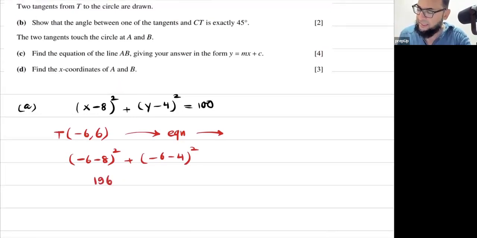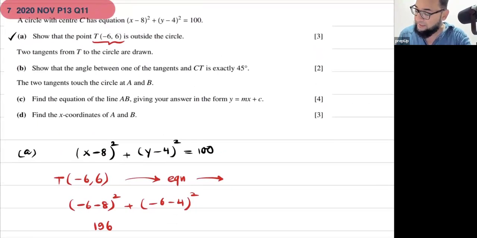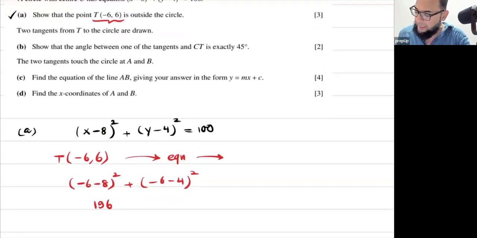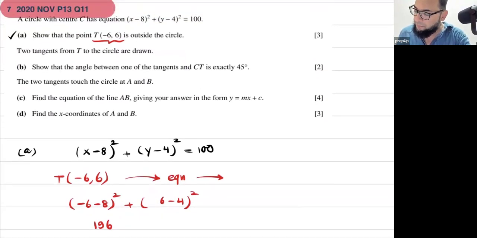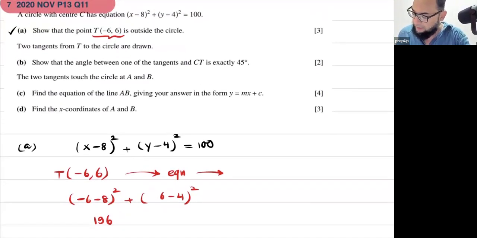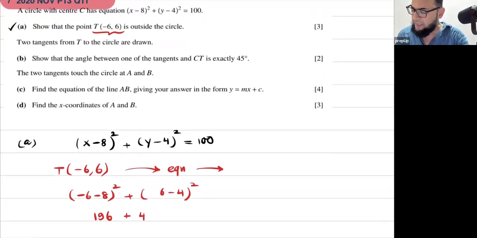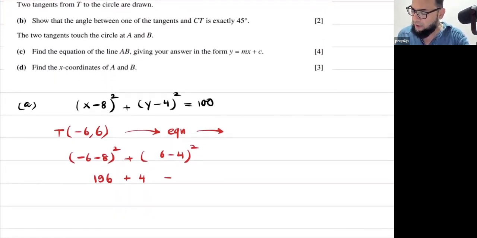And 6 minus 4 is 2, square is 4. Let me correct myself: it is 6 minus 4, not negative. So this comes out to be 200.